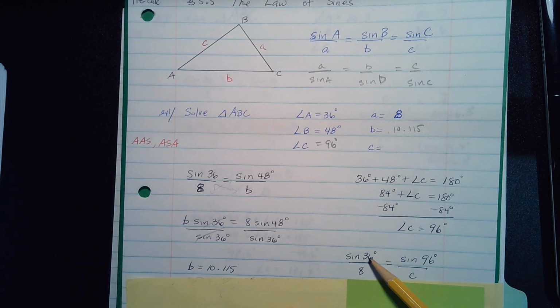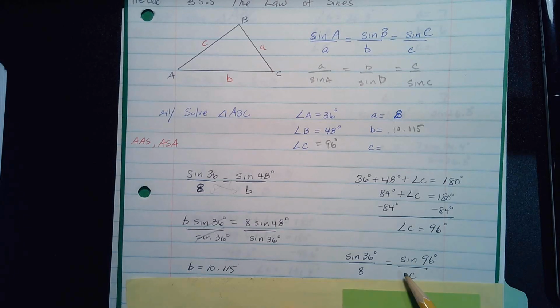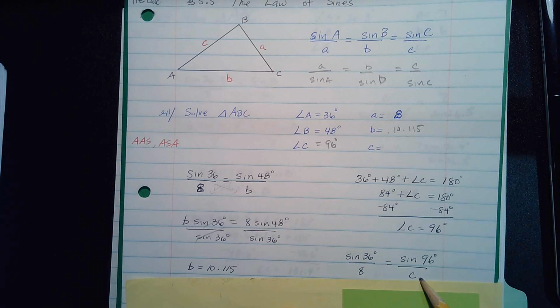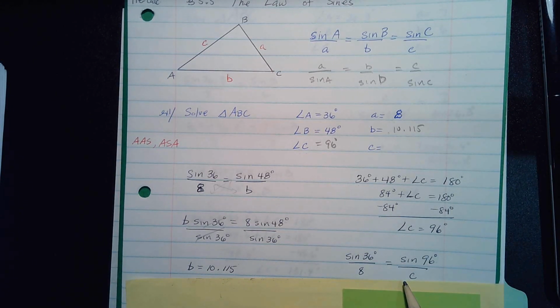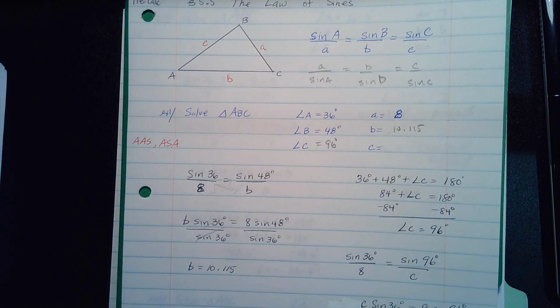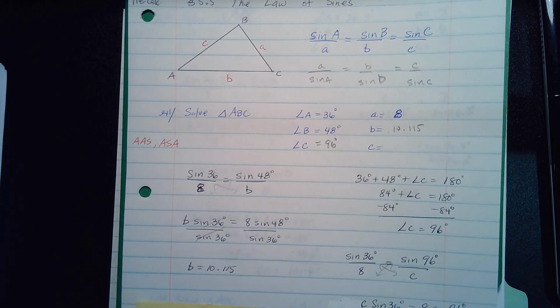So I'm using sine 36 over 8, sine A over A, equals sine 96 over C. The reason why I'm using 96 is that 96 degrees is the angle measure of angle C. So again, use the cross product property, and now we have C sine 36 equals 8 sine 96.